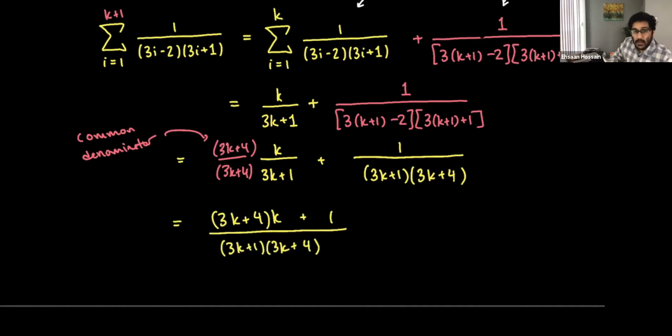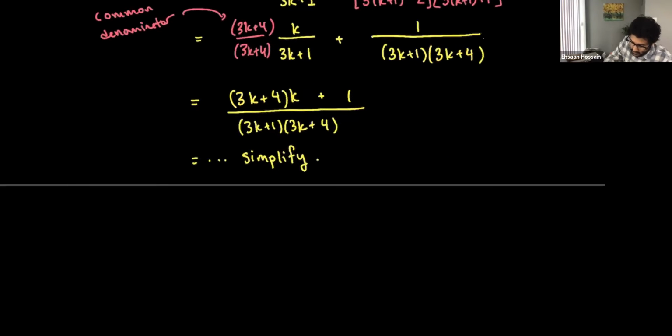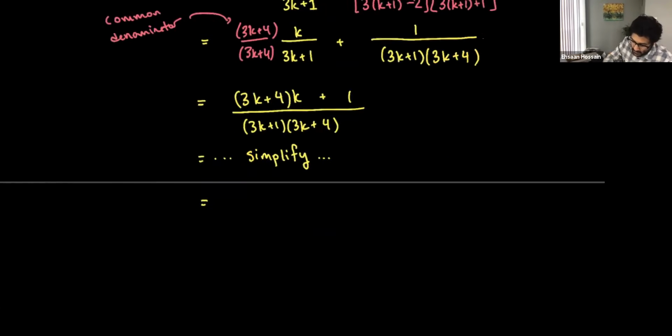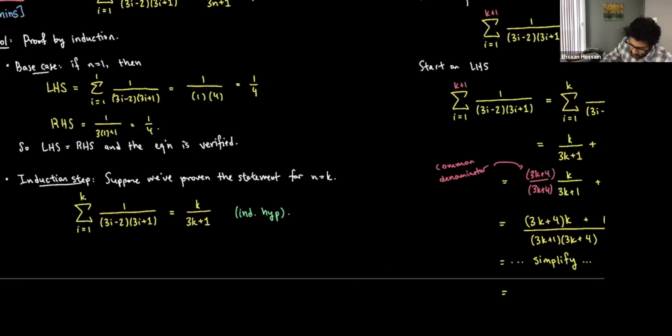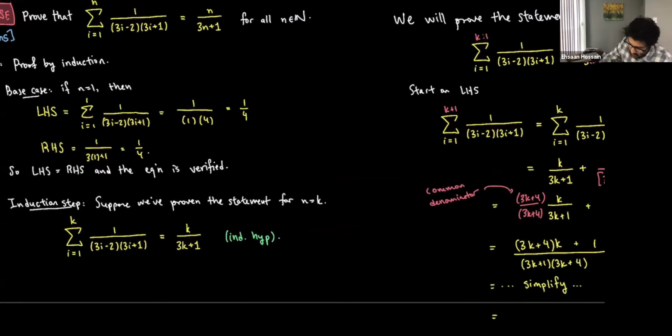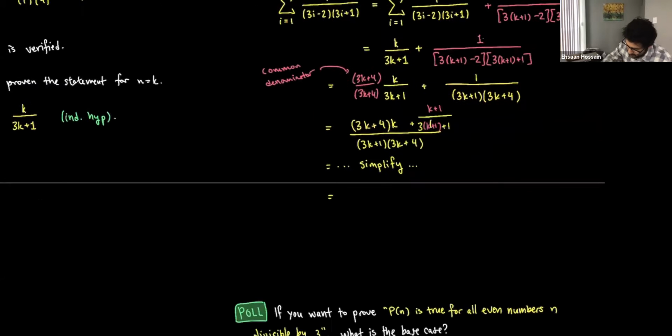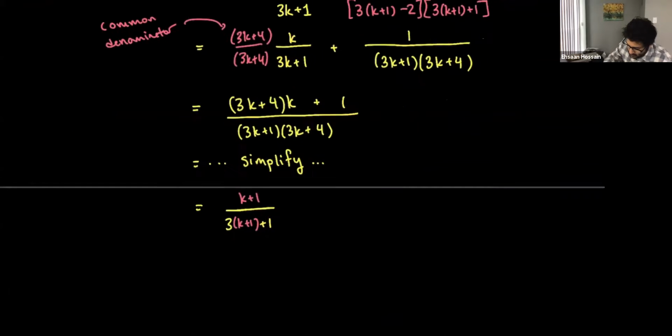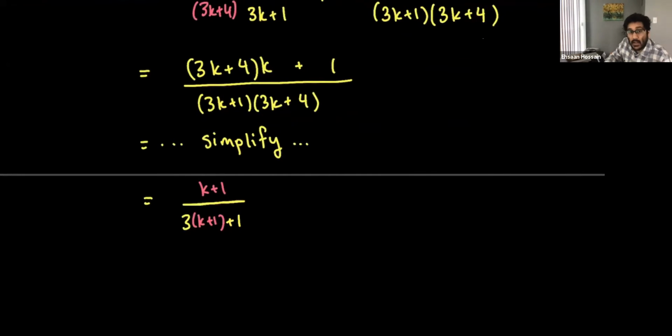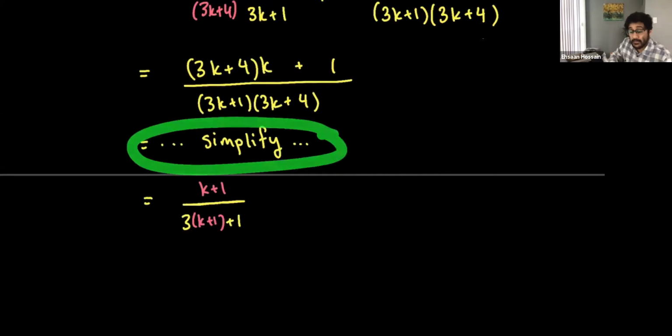Okay. And now what I'm going to do is just keep simplifying, and just in the interest of time, I'll omit all the steps there. But as you keep simplifying, you're going to get the exact thing that we wanted, which is where? This k plus 1 over 3k plus 1 plus 1. Okay, I won't do all the steps because this is just high school algebra at this point.